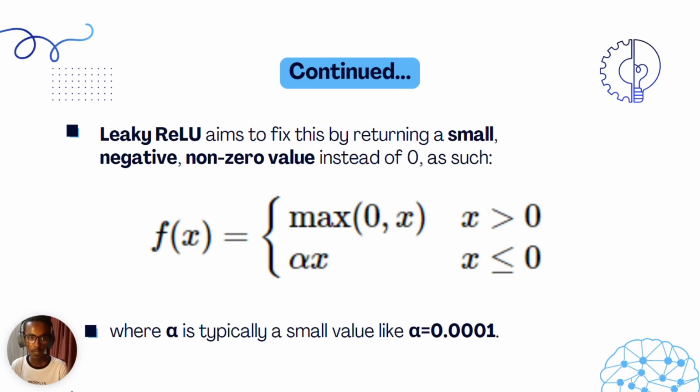And when the input values are less than or equal to 0, instead of giving us a 0 value, we're going to multiply a constant called alpha with the input value, and alpha is typically a small value like 0.0001, and this constant is going to make the output very small on the negative side.